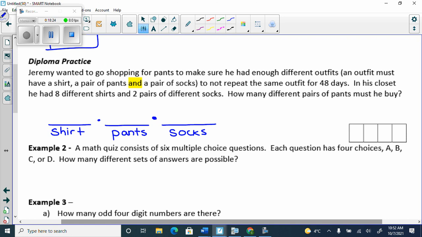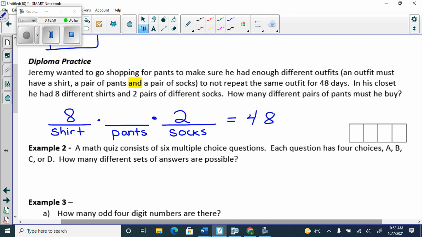And we don't want to repeat the same outfit for 48 days. So what must this equal? 48 for 48 different outfits, correct? In his closet, he has 8 different shirts. So he has 8 shirt options. And 2 different pairs of socks. So 2 sock options.